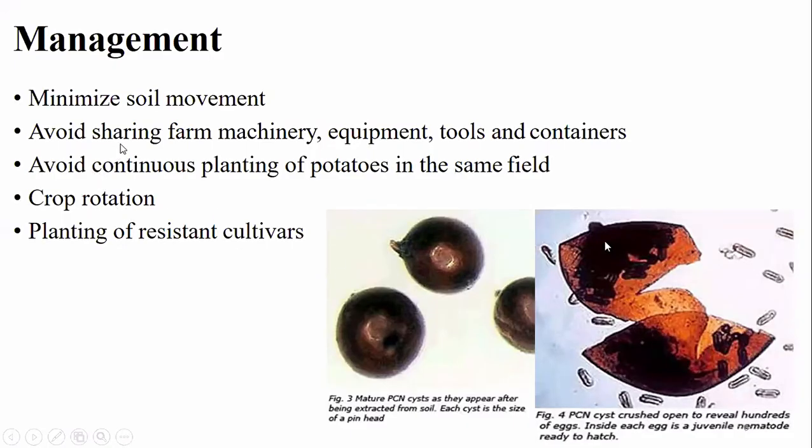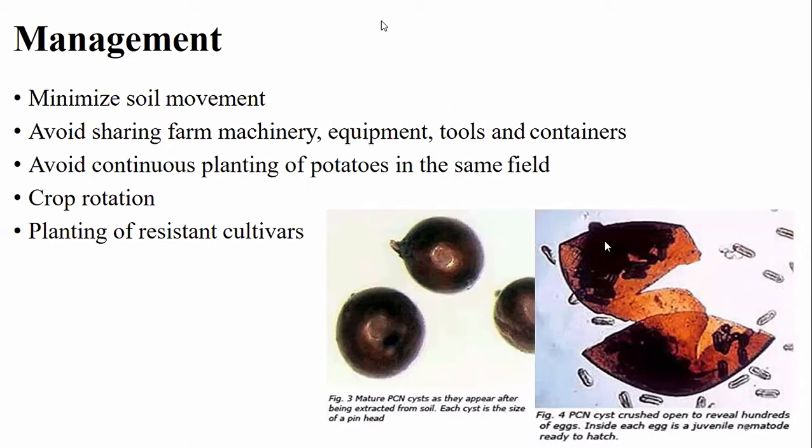Now, how to manage them. These nematodes are inside the soil. They can survive more than 10 years. For that, we have to minimize soil movement. If nematode-infected soil moves from one field to another, definitely the nematode cysts will also move from field to field.